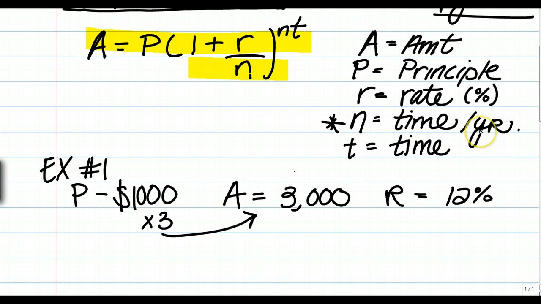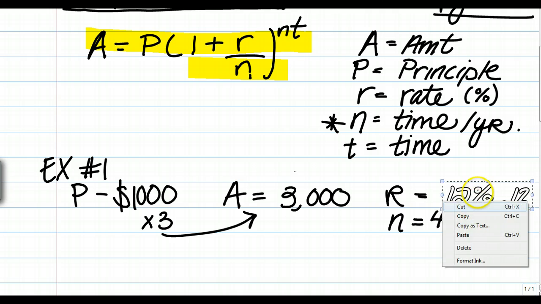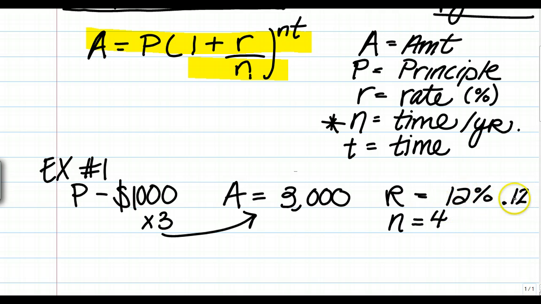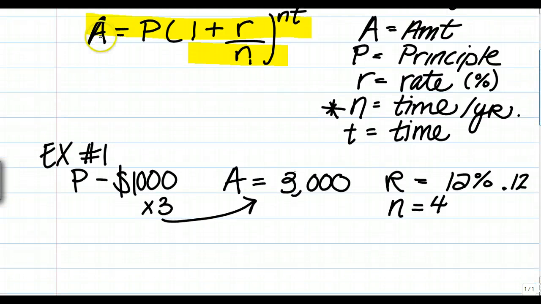It's compounded quarterly, which means 4 times a year. There's 4 quarters in a dollar, 4 times a year. So N is 4. I want to make sure that I always write the rate as a decimal. So I have to move my decimal over twice, and it's 0.12. And I'm going to plug it into my formula here.